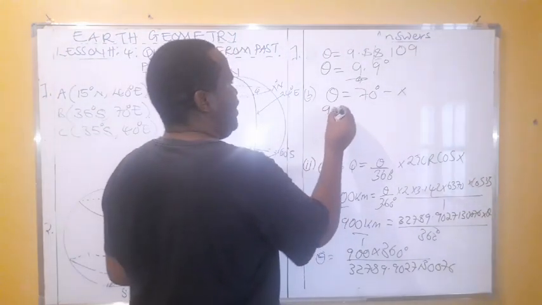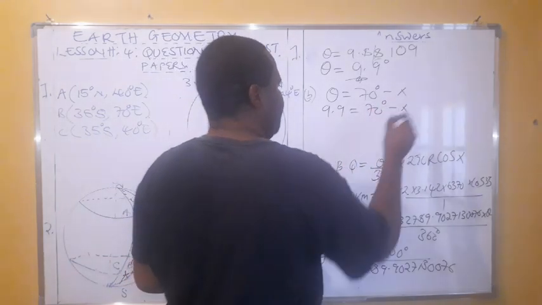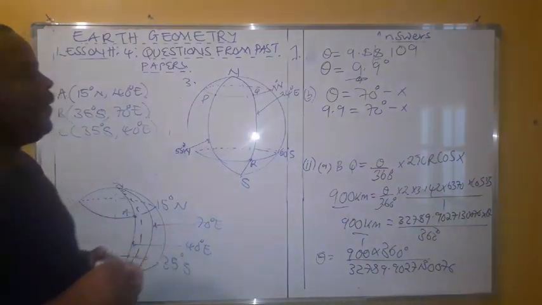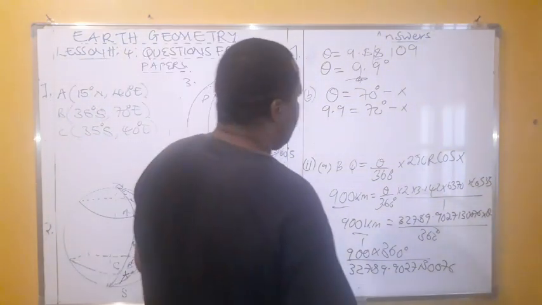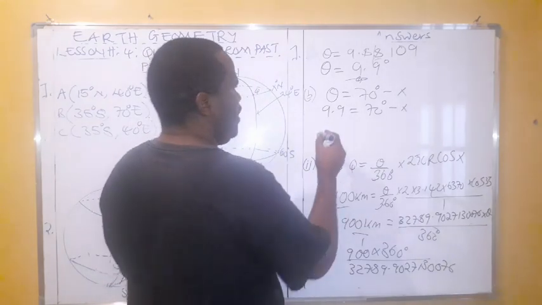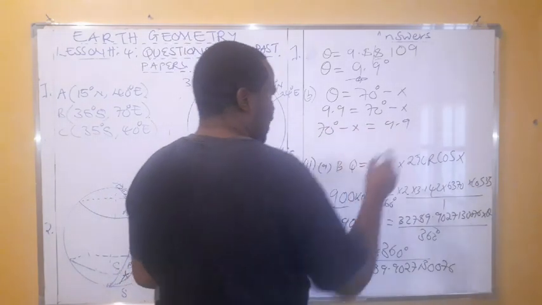It is 9.9 equal to 70 degrees minus X. This is the same as 70 degrees minus X is equal to 9.9.